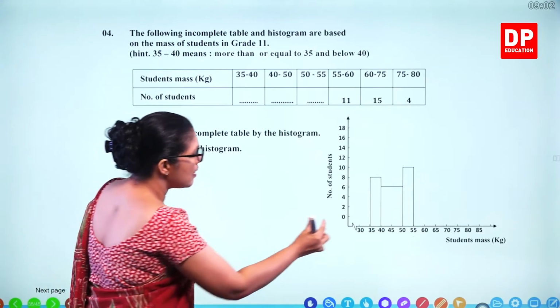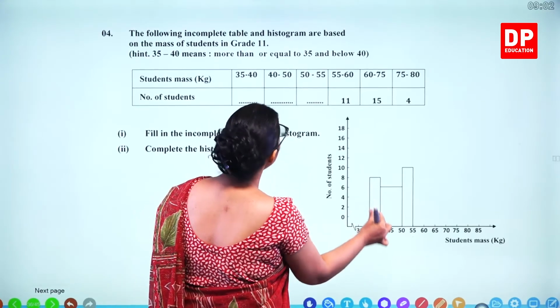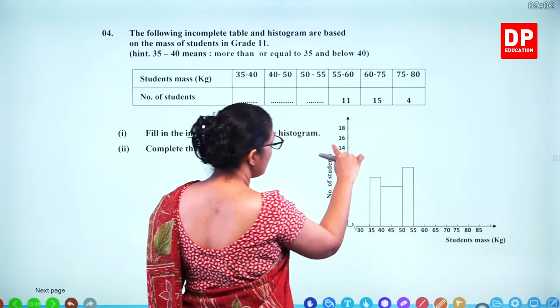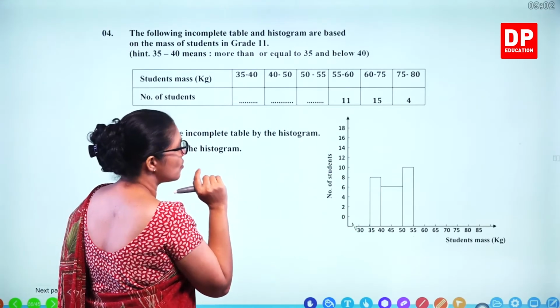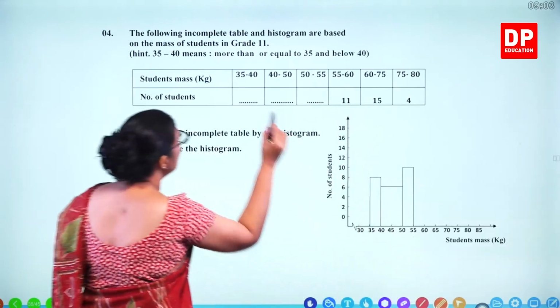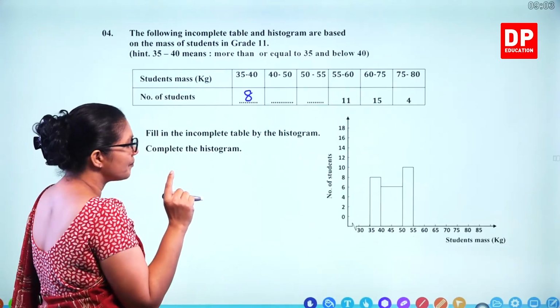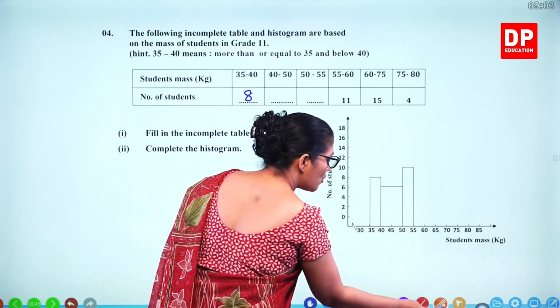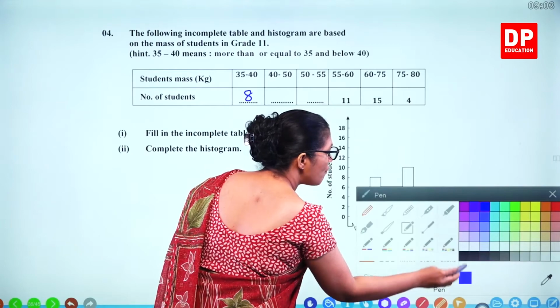So let's take 35 to 40. And the height is 8. So this is the number of students. So easily you can fill this value, that's 8. 40 to 50, now the gap is different. So what we do, we can find the total.